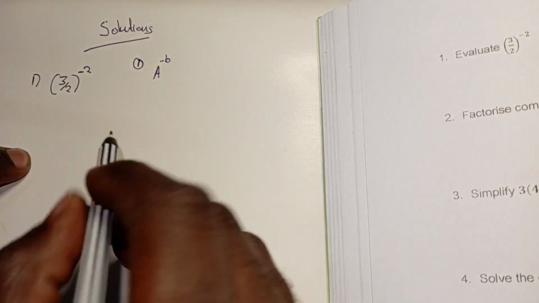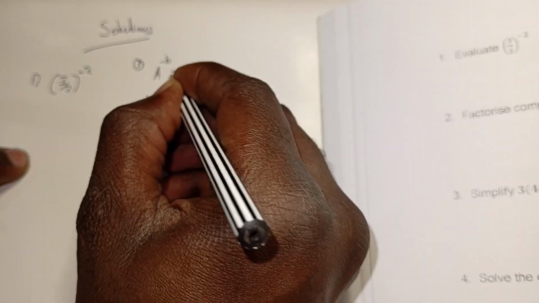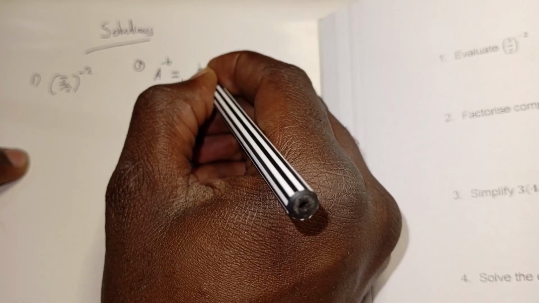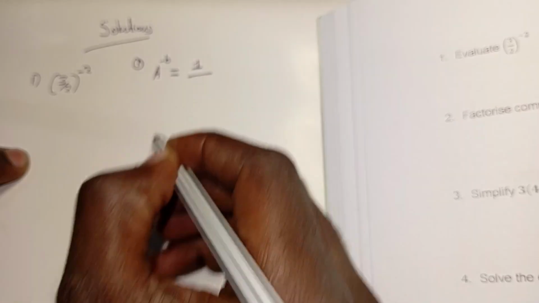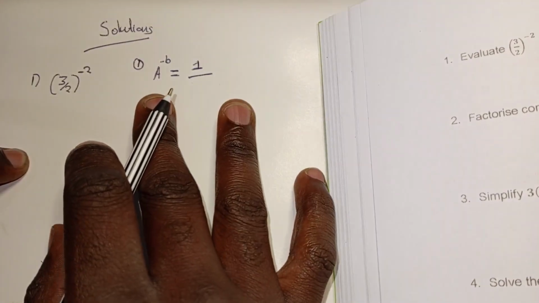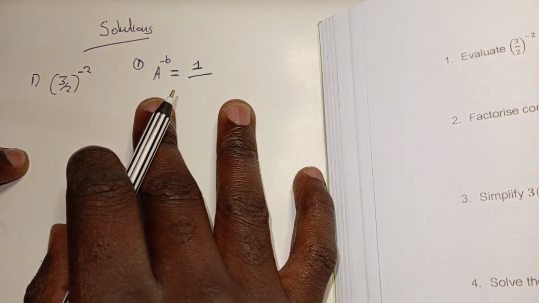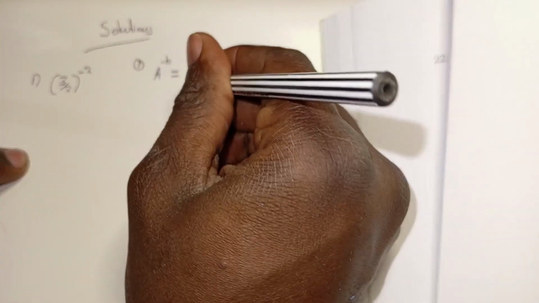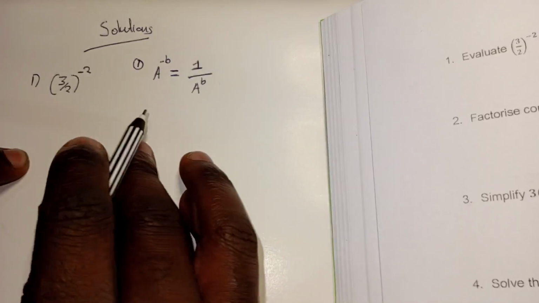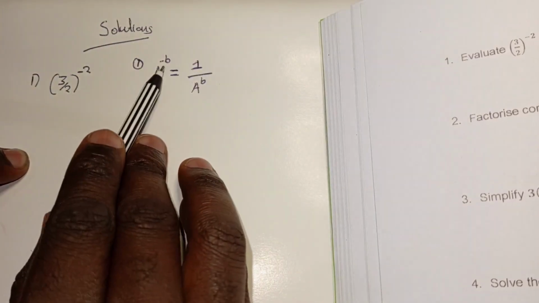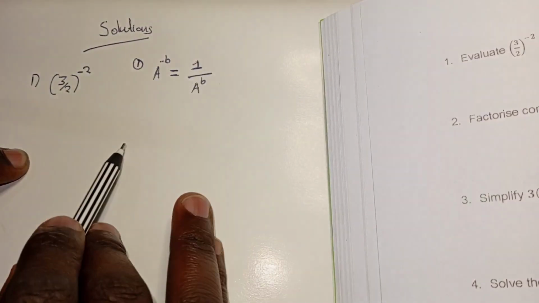You introduce 1, then put the division sign, so that will be 1 over a, and the sign of the power now changes. This is how you get rid of the negative power.